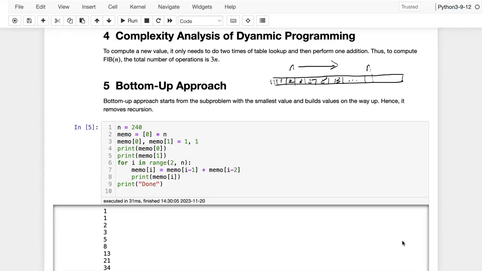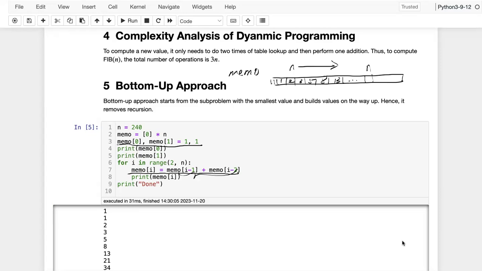In this case, it's also very easy to write. This is going to be my memo. I start with 1 and 1, and then I start from 2 up to n minus 1, and I just add the previous 2, which already have values.